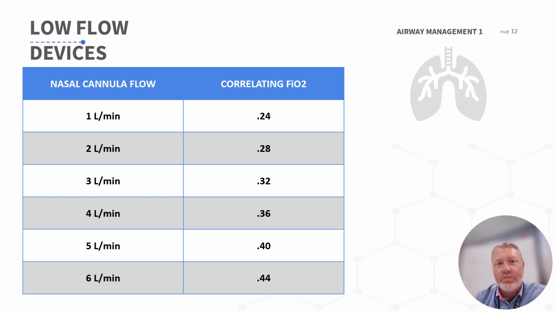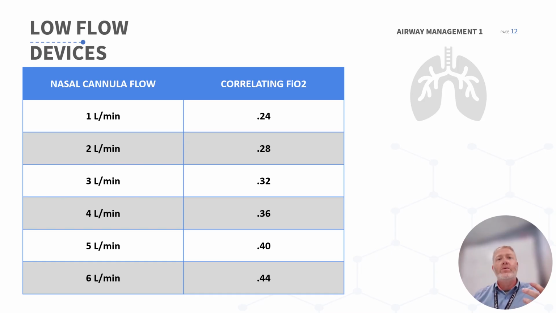Understand that the FiO2, so the oxygen percentage delivered with the nasal cannula at any given flow rate, is variable and not fixed. It depends on a number of different factors, including how quickly the patient is breathing, how hard the patient is breathing, because with the low flow nasal cannula, those are just the prongs, of course, that sit in the nares.